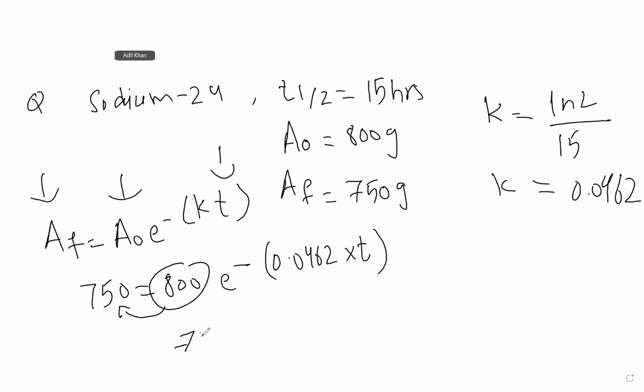So it's going to be 750 divided by 800 equals e to the negative 0.0462 t. So we get 0.9375.